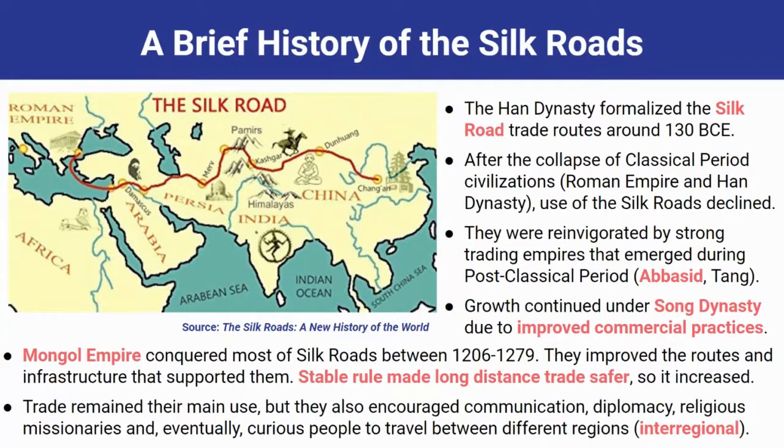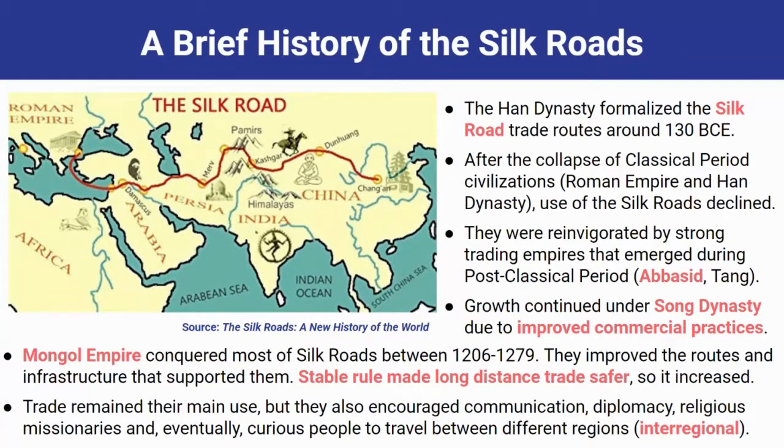So this is the eastern connection point, or the eastern spread of that, which existed kind of informally, and there was some trade happening informally, but the Han Dynasty is the one that really formalizes that. They're also important in terms of things like the civil service examination and other cultural things.